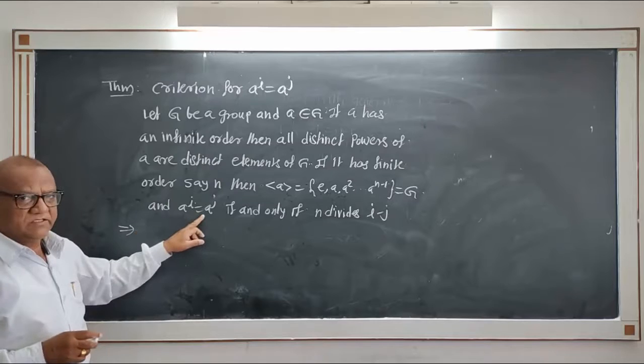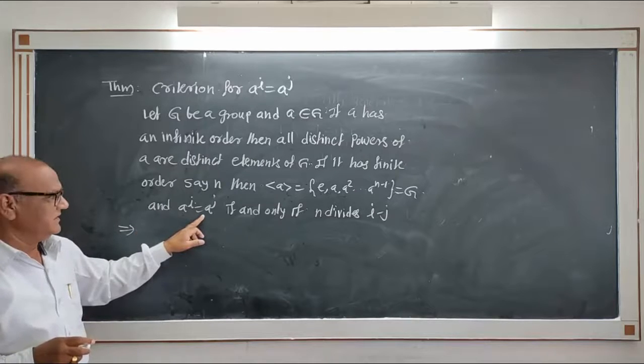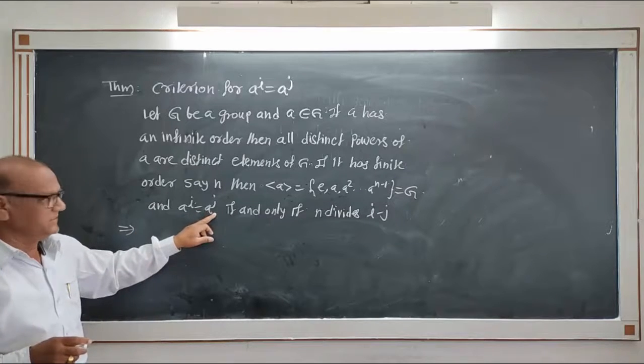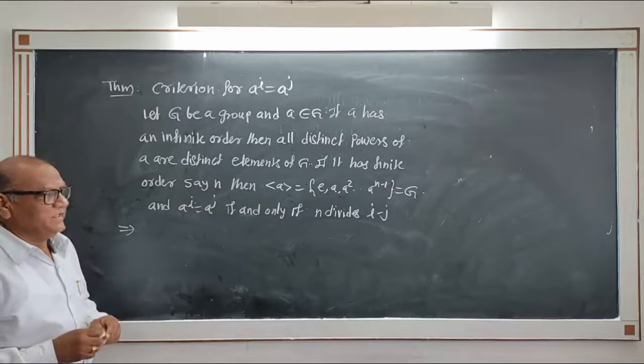And a raised to i is equal to a raised to j if and only if n divides i minus j.